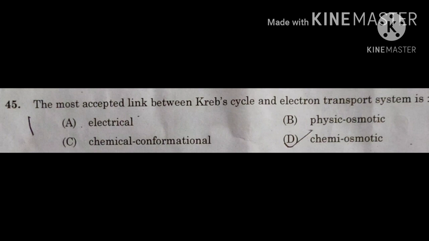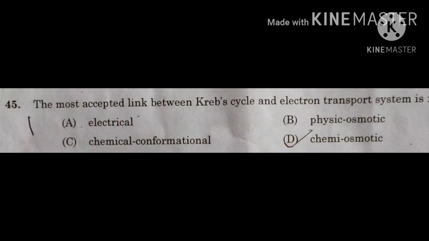What is the role of that enzyme? This enzyme catalyzes the addition of inorganic phosphate to ADP to form ATP. That is, inorganic phosphate joins with ADP to form ATP in the presence of the enzyme ATP synthase or ATPase. In respiration, this enzyme comes under complex 5. So, the chemiosmotic hypothesis was put forward by Peter Mitchell to explain the mechanism of formation of ATP during respiration as well as during photosynthesis.